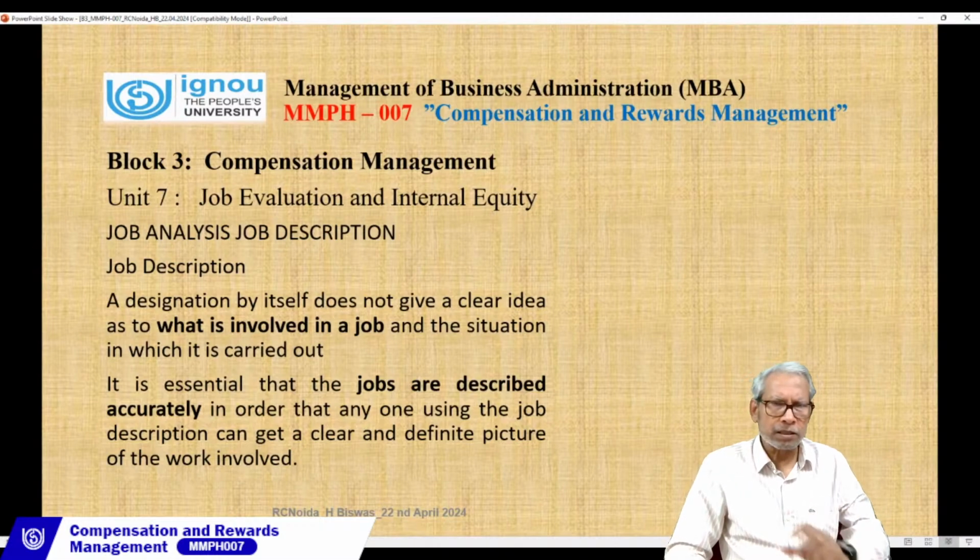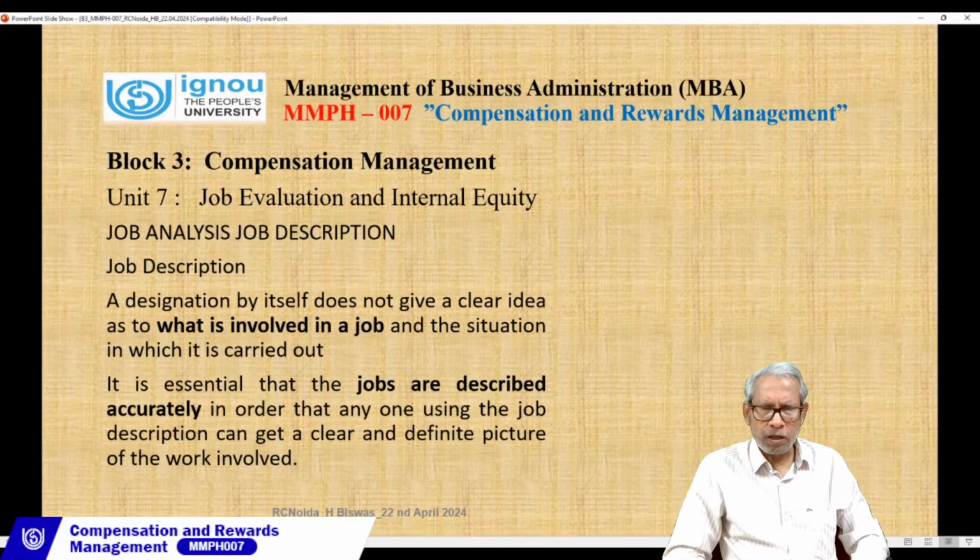This is the thing, and these are the things: 1, 2, 3, 4, 5, 6. Everything, what the tasks or jobs are. So some description should be there, and what the expectations are from the management side.